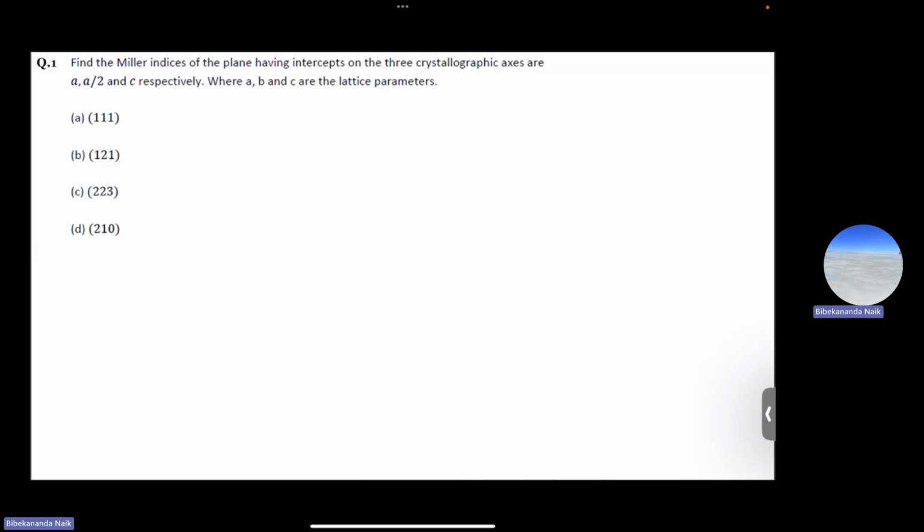The options are option A 1 1 1, option B 1 2 1, option C 2 2 3, and option D 2 1 0. So these are the four options. This question is based on Miller indices calculation.